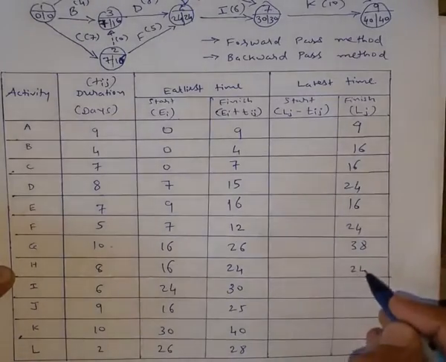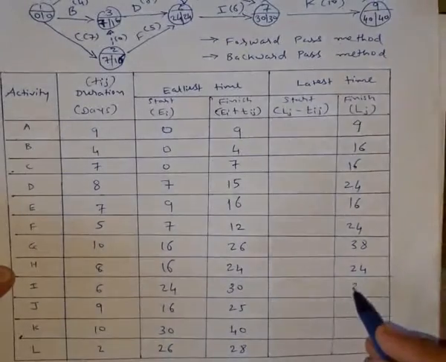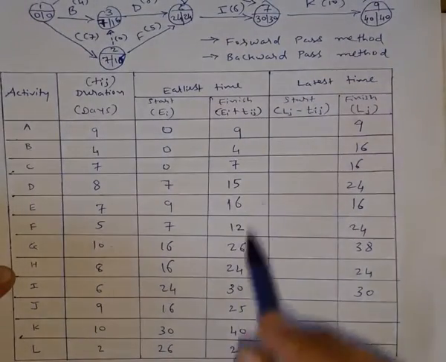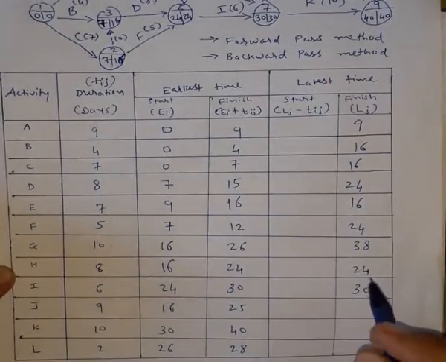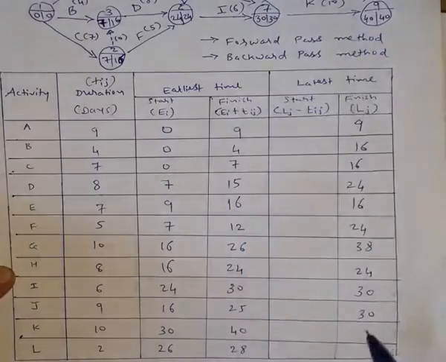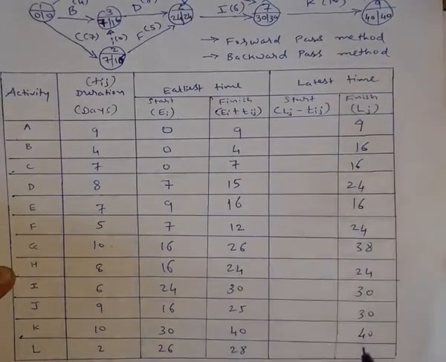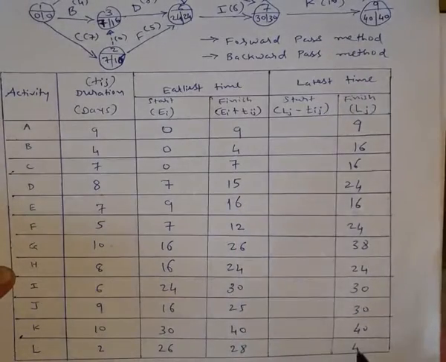For activity I, latest finish time is 30. For activity J, latest finish time is 30. For activity K, latest finish time is 40. For activity L, latest finish time is again 40. So simple.